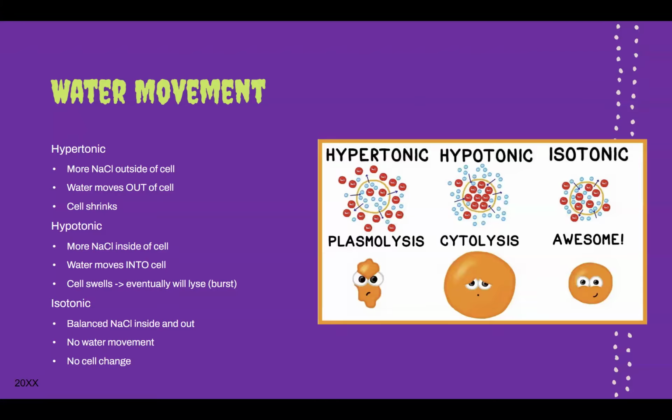So the water will leave the cell to go to the outside regions to follow the salt, and the cell will typically shrink. After a while, the cell won't actually be able to function because it's one, too small, and two, it doesn't have enough water to let everything move around. Again, not a very important question. The biggest thing is understanding where the salt is and understanding that water will follow that salt.